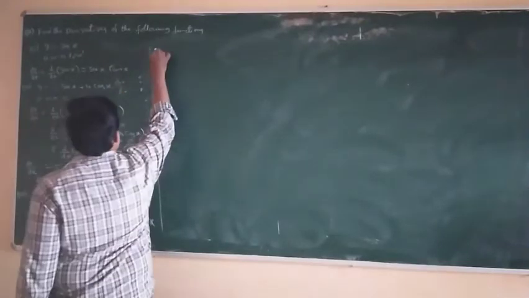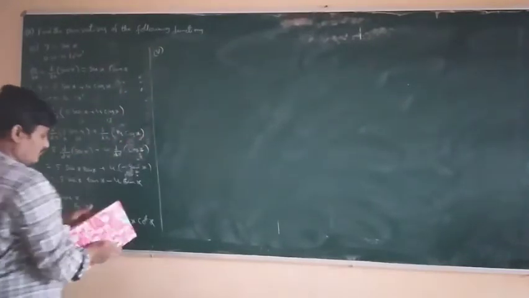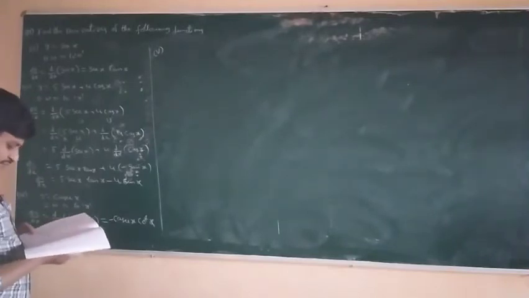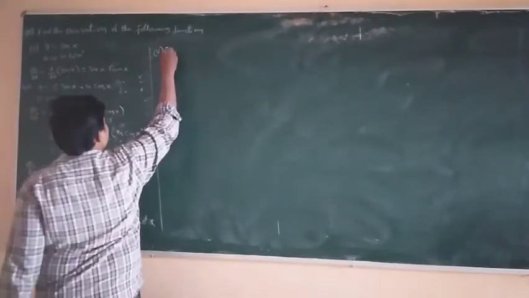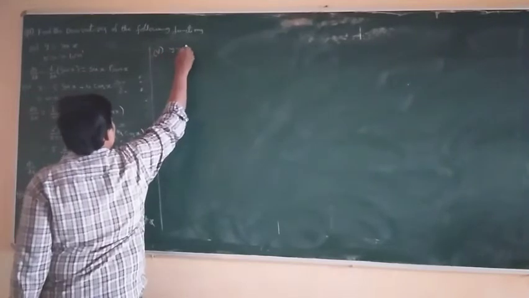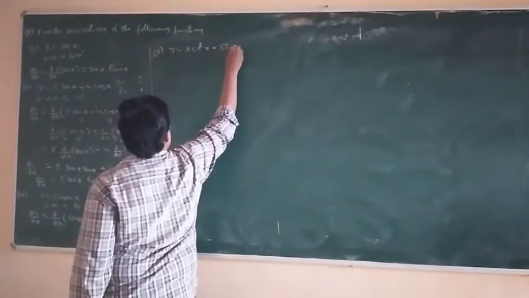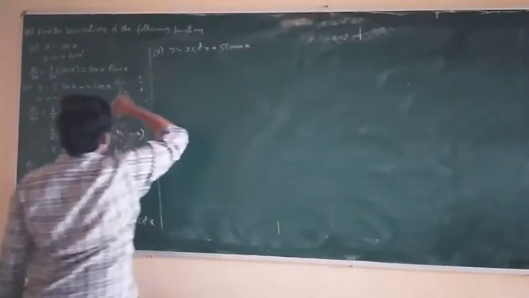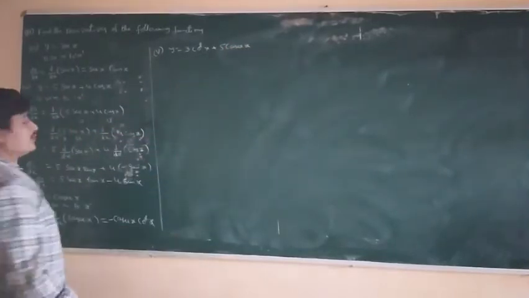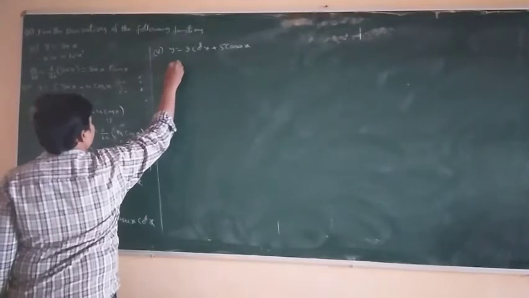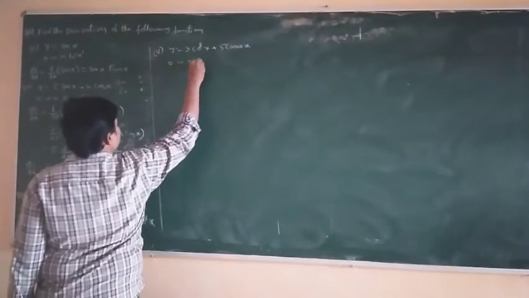So next, fifth one, y is equal to 3 cot x plus 5 cosecant x. These all are direct formulas, no doubt at all. Derivative with respect to x.